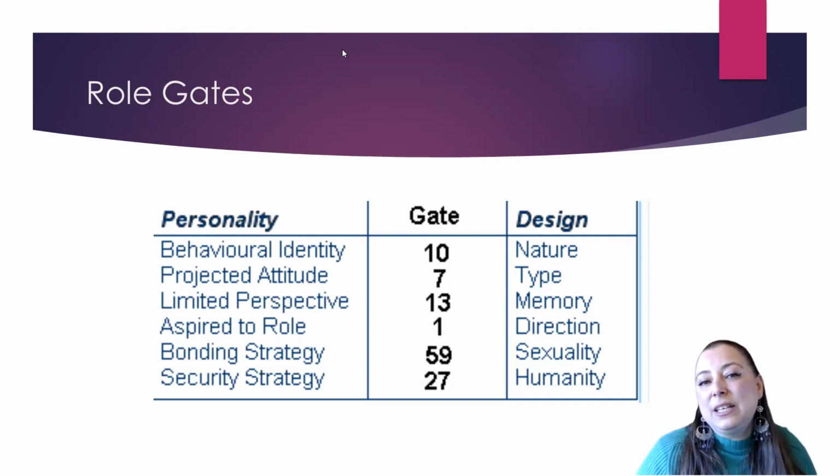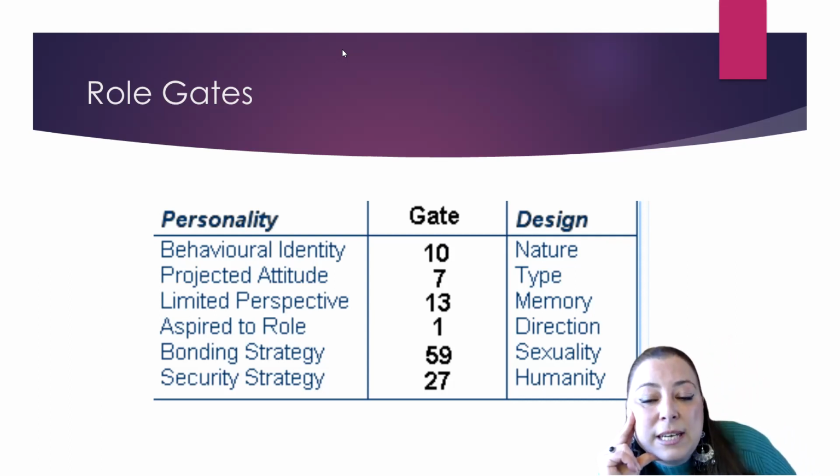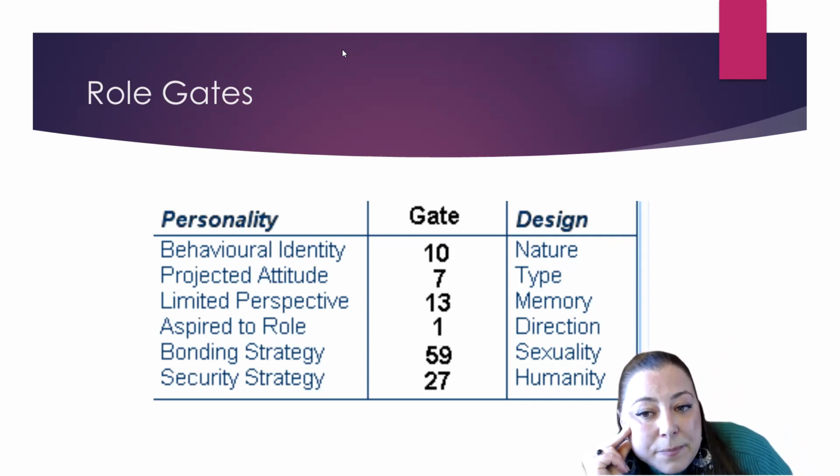And the sixth line, the one night stand, looking for the soulmate or not. Then we have the security strategy, which is the first line is selfishness, the second line self-sufficiency, the third line is greed, the fourth line generosity, the fifth line executor, and the sixth line wariness.